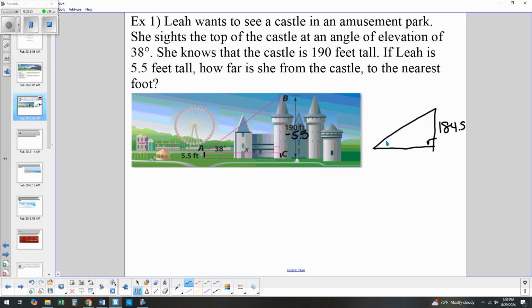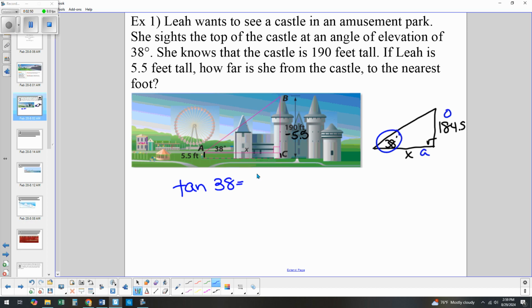I know the angle of elevation was 38 degrees, and we're looking for the horizontal distance x. So this is the triangle I'm actually going to solve in. I'm not going to solve using the 190. I'm going to solve using this 184.5. So if this is my angle, that's O and A. So O and A is tangent.